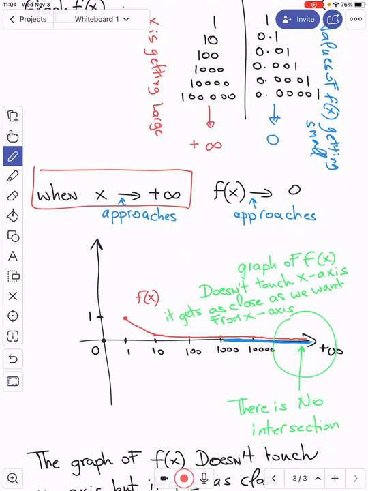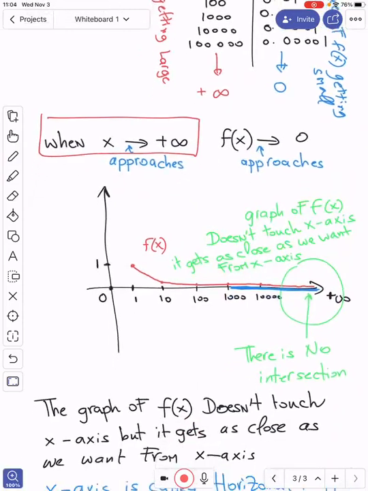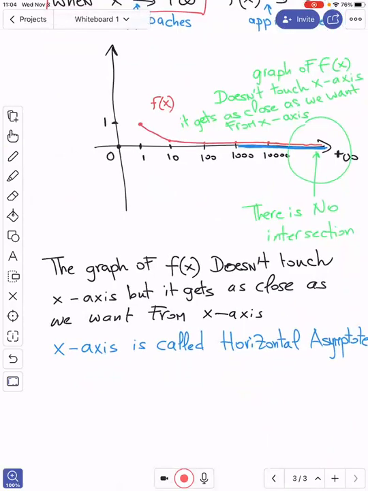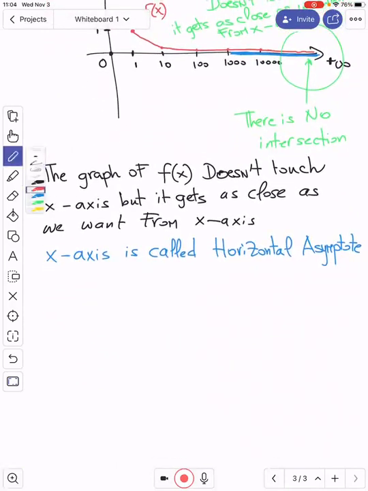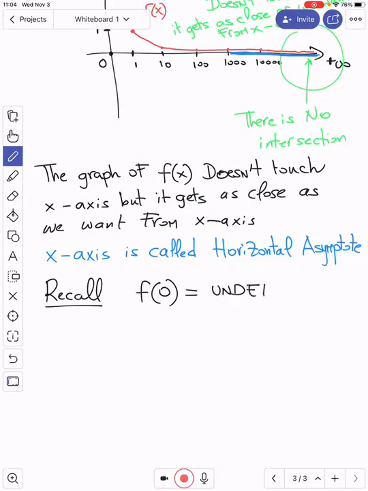Now let's see what happens when the values of x approach 0. Just to remind you, f of 0 is undefined, because 0 is not in the domain. I'm going to take some values of x which approach 0. Here's your x and here's your f of x.